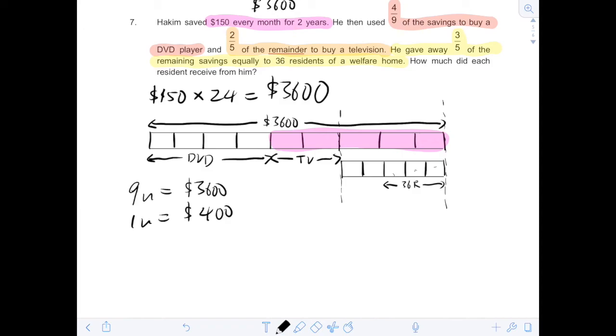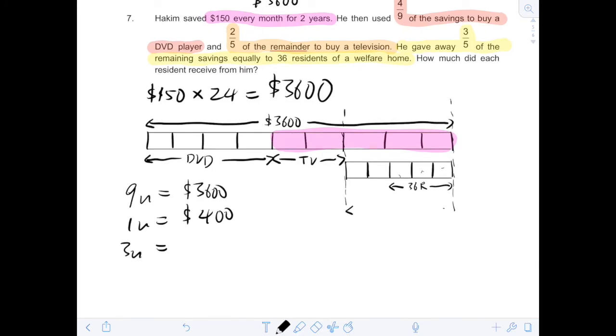From here you are supposed to find the remainder, 3 units left. The 3 units that we're finding is the pink one minus the TV, which is this portion, considered the remainder. So the 3 units will be equal to 1,200.